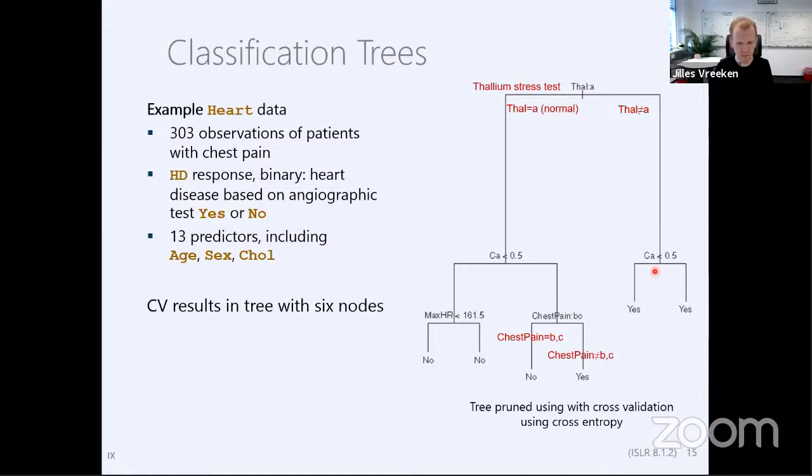Is this the calcium level? I don't know, that's the CA level. That is the only thing that we need to know. We don't need to know whether they have chest pain. So for all rows where we might not know whether people have chest pain, but that fall into this right branch, we can just handle them. We can happily and rightfully ignore the missing values. Ain't that sweet, right?